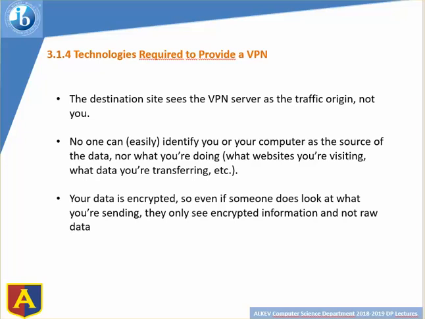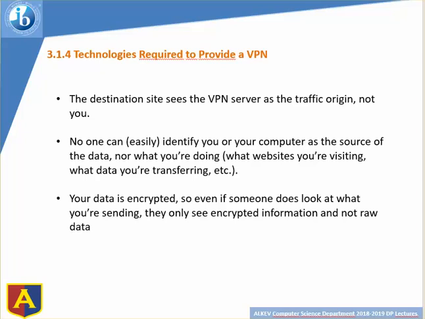This solves the privacy and security problem for us in a couple of ways. The first way, the destination site sees the VPN server as the traffic origin, not you. The second, no one can easily identify your data, your location, or whatever you are doing.